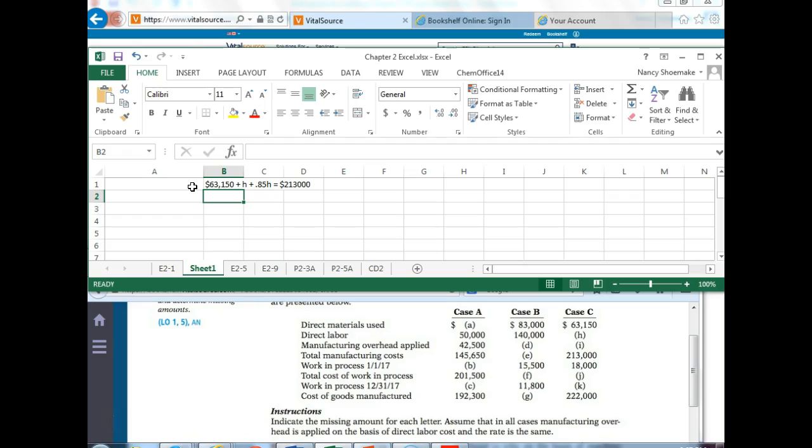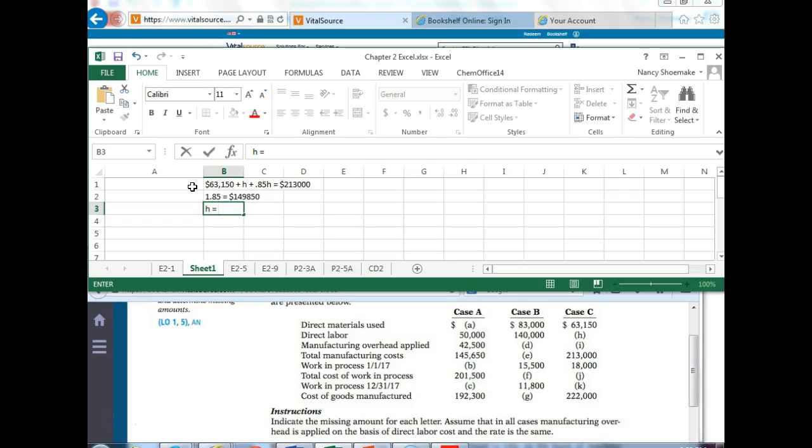So we can have 1.85 of H equals 213 minus the 63,150, or 149,850, right? And then if we divide both sides by 1.85, H then equals the 149,850 divided by 1.85, or what?